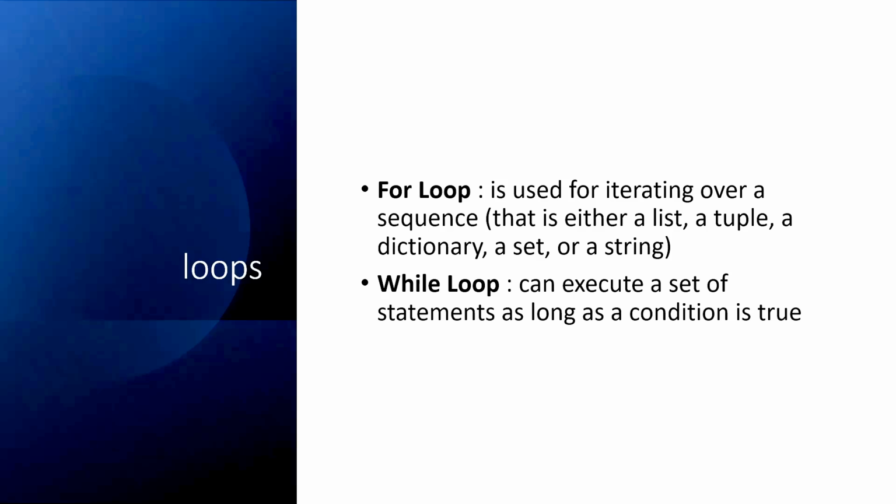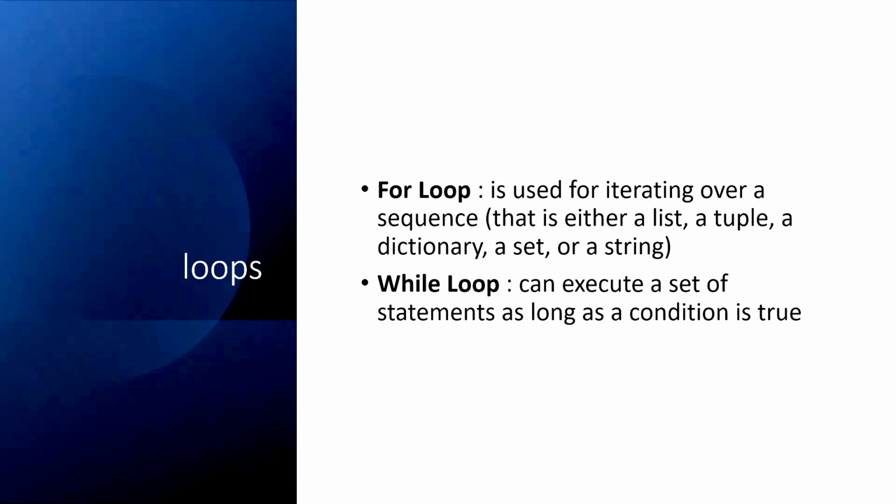Now, a for loop is used for iterating over a sequence. A sequence can be a list, a tuple, a dictionary, a set. Also, it can be a string. So if a string is, let's say, hello world, and you want to run the loop for each character of the string, you can do that.